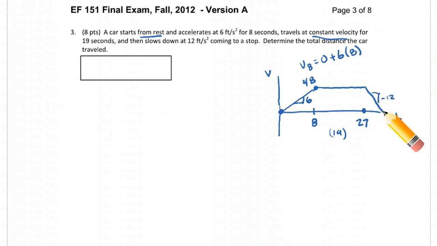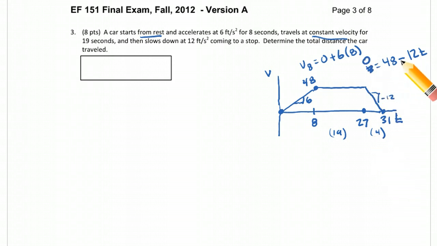There are a couple different ways of determining this. We'll need to know this time. We can notice that slowing down was twice as fast as the speeding up, so it's going to take half the time. If I want to write that as an equation, I can have v equals my initial velocity minus acceleration of 12 times t, and we know our final velocity is 0.